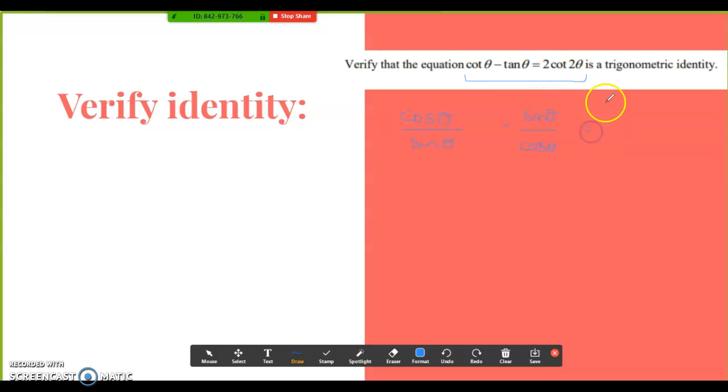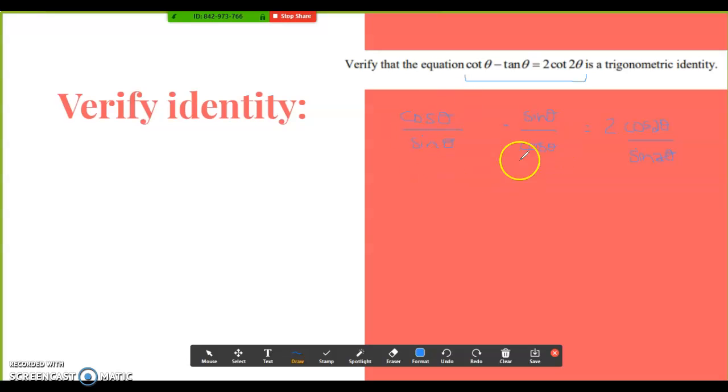And that would be equal to 2 times, and I'm going to rewrite cotangent over here, I know that's the cosine of 2 theta over the sine of 2 theta.